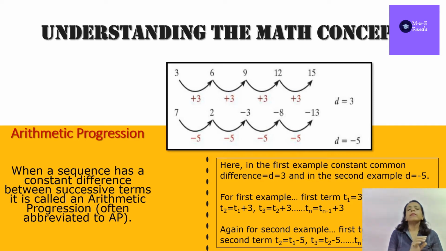So here the first term T1 equals 7, T2 equals T1 minus 5, T3 equals T2 minus 5, and ultimately the nth term Tn will be Tn minus 1 minus 5. So here the common difference is minus 5. So this series is also obeying a certain rule, that is between the two terms there is a difference of minus 5. Okay, student?